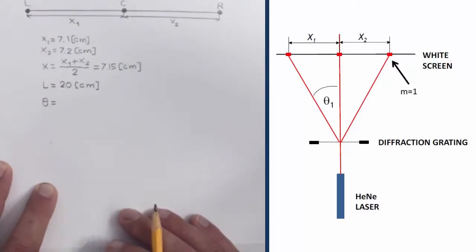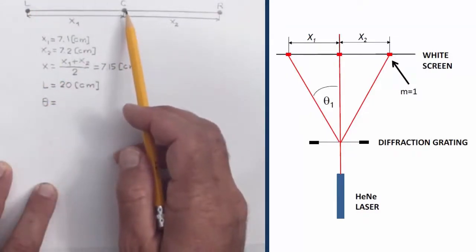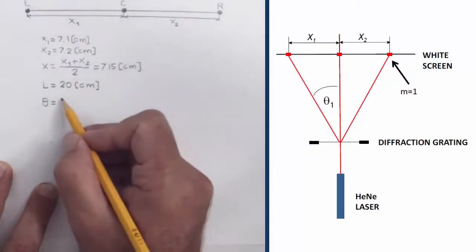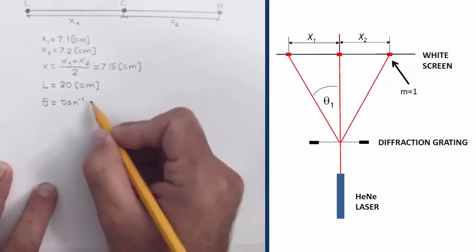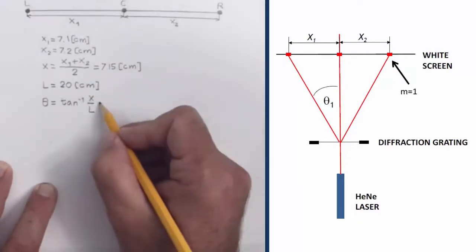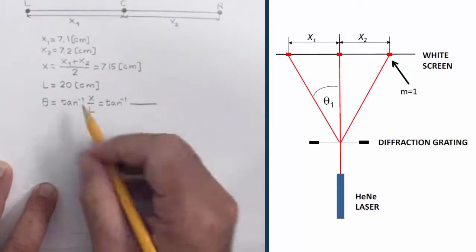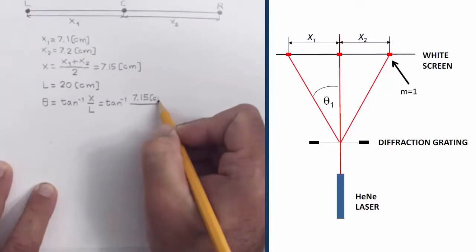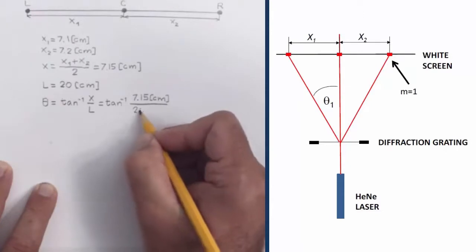So if you're measuring the two laser beams, one that's producing the left spot and one that was producing the center spot, that angle would have been labeled as theta, and it can be calculated as inverse function tan of x over L. So in our case, we have inverse tan of x being 7.15 centimeter over capital L being 20 centimeters.